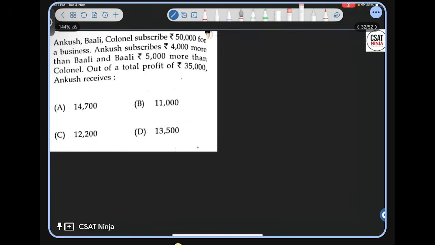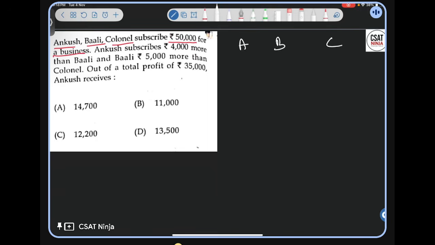Next is, okay, I'll just use A, B, and C, for Ankush, Bali, and Goldo. The question says like this: they subscribe 50,000 for a business.